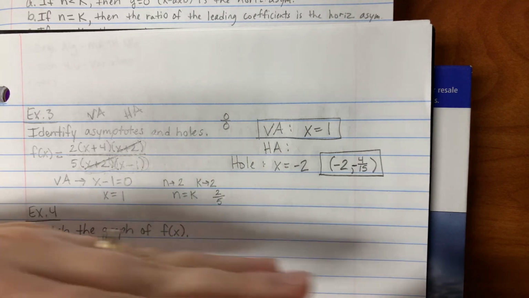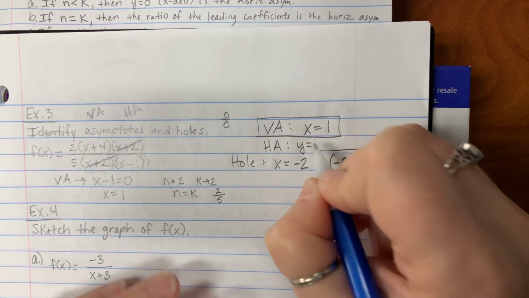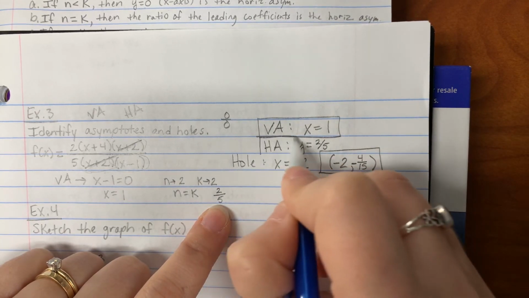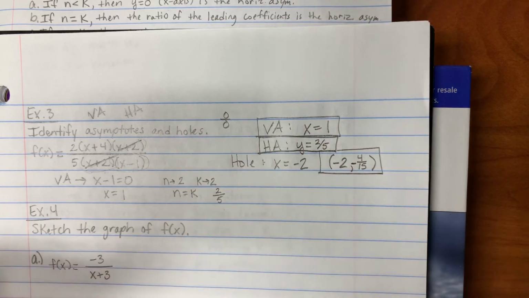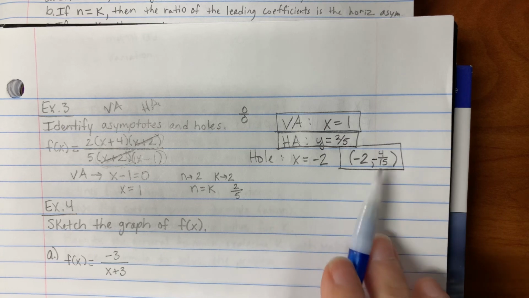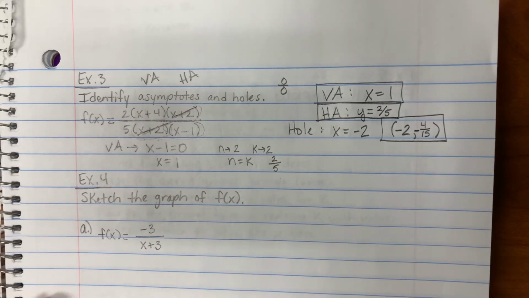Remember, if it's horizontal, it goes through the y-axis, which means I have y equals, in this case, 2/5. So there are my 3 things that I needed: my asymptotes and any holes that happen. Okay, so I will stop there and do a second video for the rest.